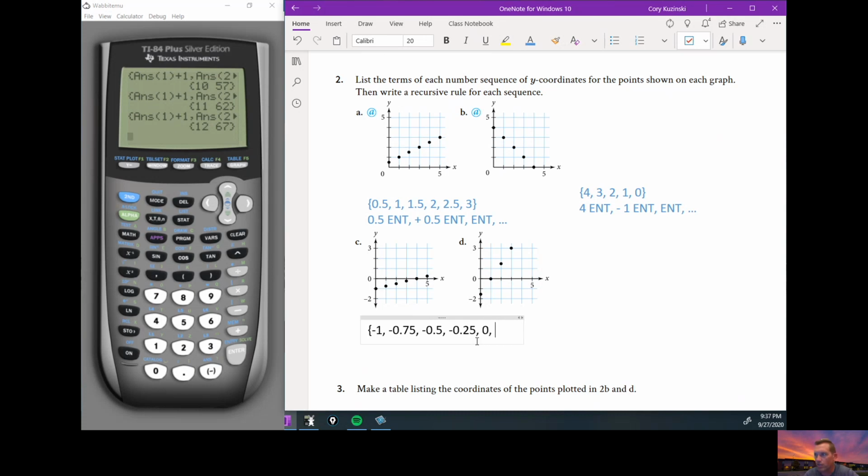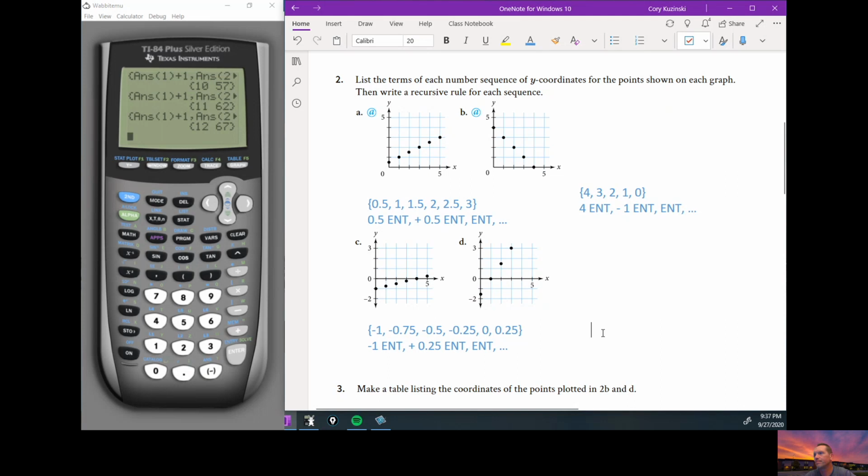Then we get to 0, and then positive 0.25. Recursive rule would be -1, enter, and then we're going to add 0.25 every time. That would be our recursive rule.